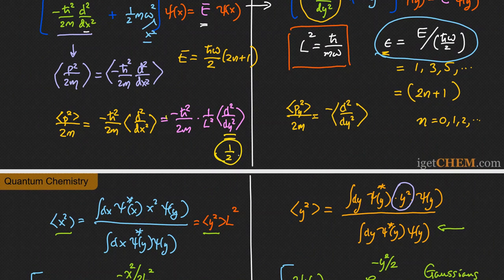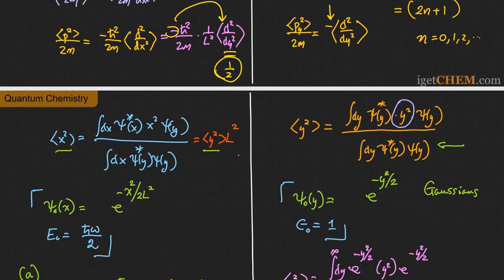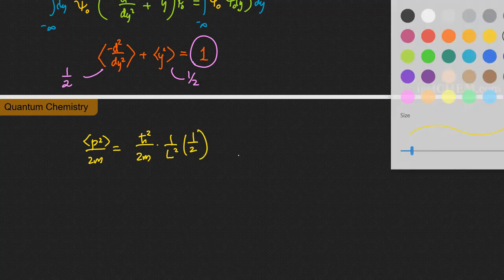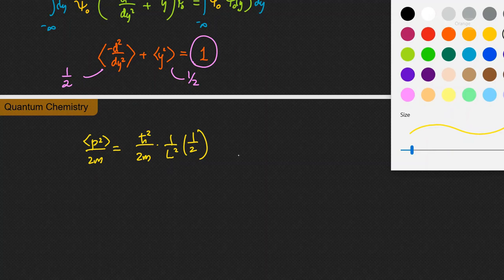I think this minus is already inside. So you see I've already put that here, so there's no minus sign. H bar squared over 2m, one over L squared, and the expectation value for y squared is 1/2. So that is in real terms what p squared over 2m actually is.